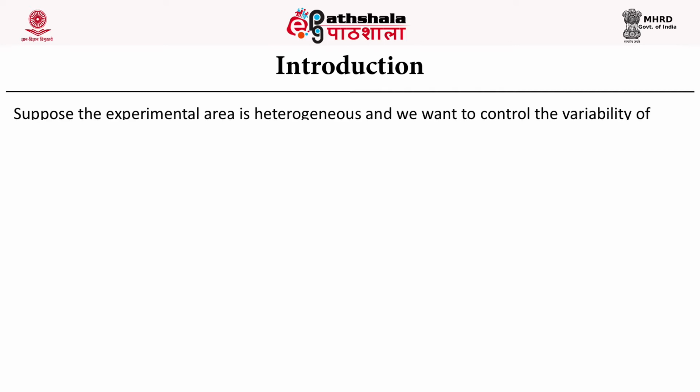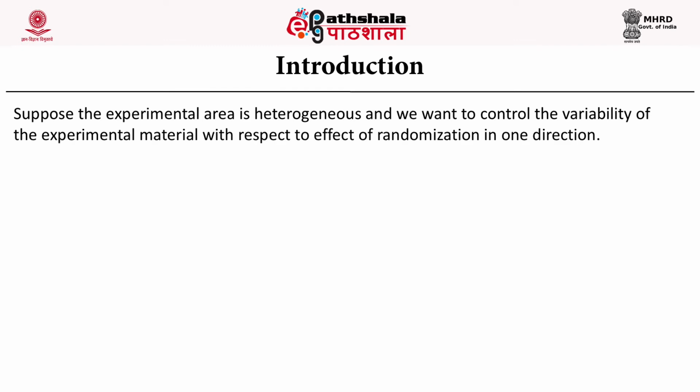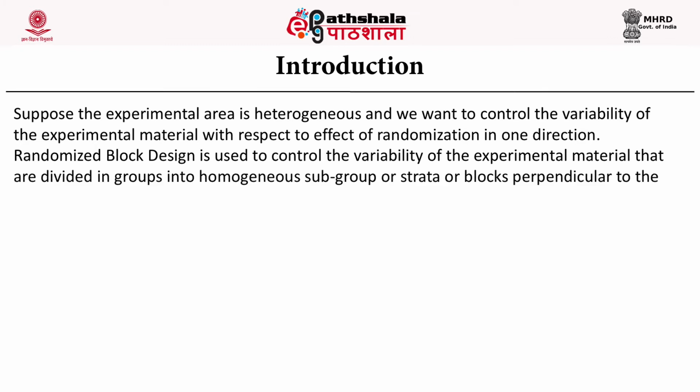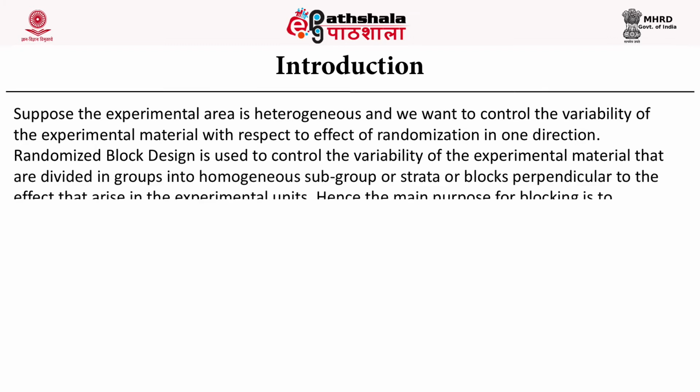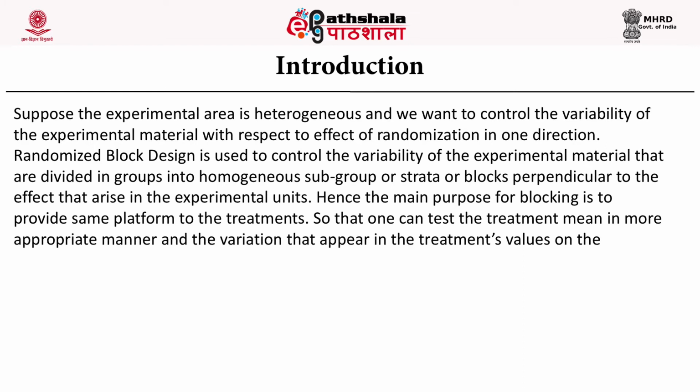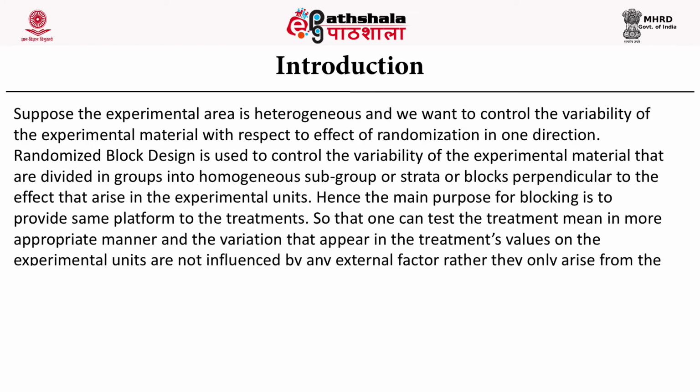Suppose the experimental area is heterogeneous and we want to control the variability of the experimental material with respect to the effect of randomization in one direction. Randomized block design is used to control the variability of the experimental material. Data is divided into homogeneous subgroups or strata of blocks perpendicular to the effect that arises in the experimental units.